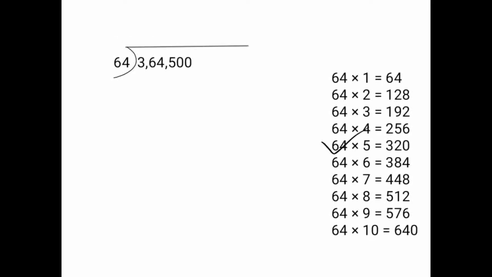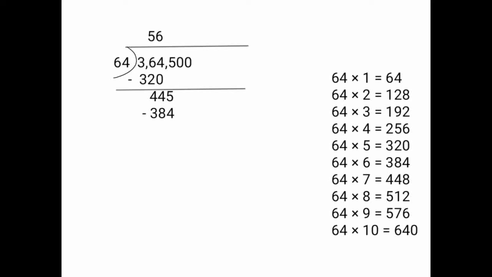64 fives are 320. You have to subtract 364 minus 320. The answer is 44. You have to bring one digit down, 5. 64 sixes are 384, because 64 sevens are 448. 448 is greater than 445.